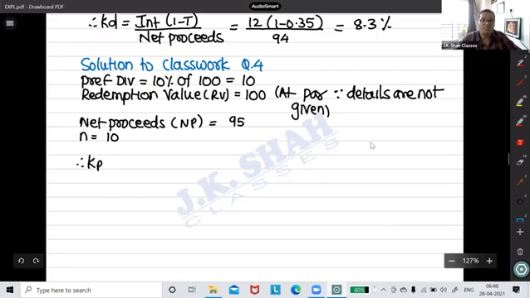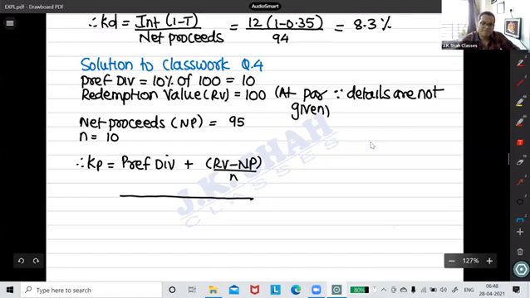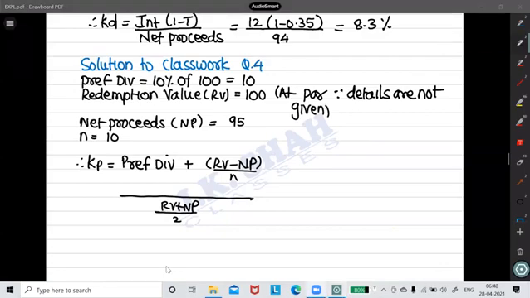Therefore, KP is preference dividend plus RV minus NP upon 10, everything divided by RV plus NP upon 2. Hope you calculate correct. Now I have given you the formula. Just fill up the numbers and calculate correct, guys, please. Round off to 2 digits.